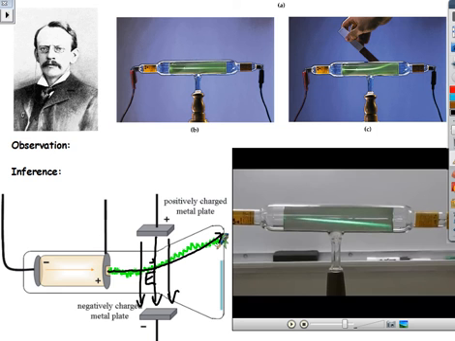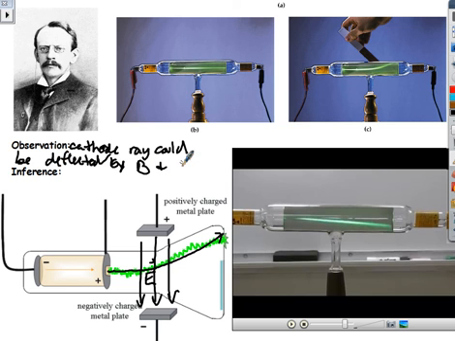So J.J. Thomson observed that a cathode ray could be deflected by magnetic and electric fields. The inference that he made was that these cathode rays were made up of charged particles.